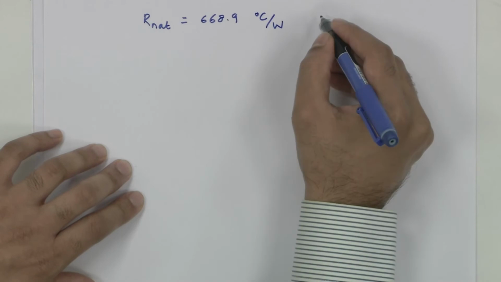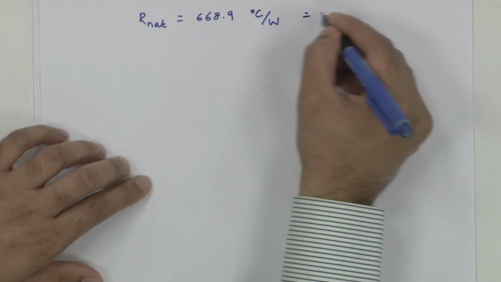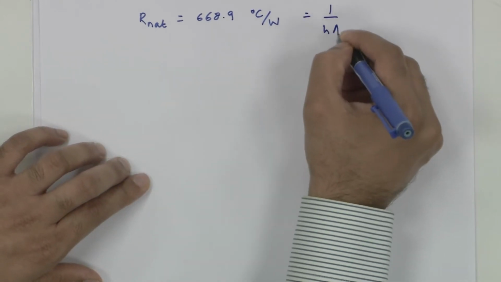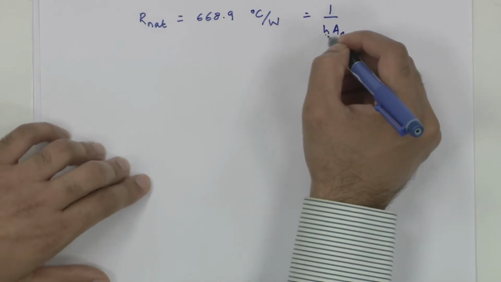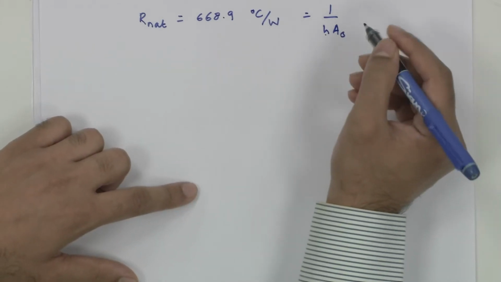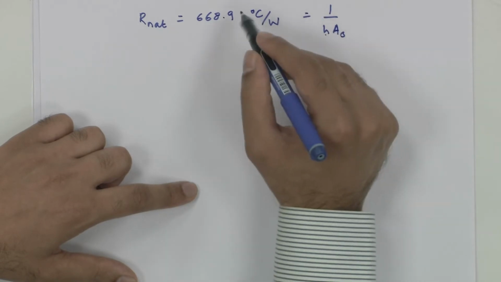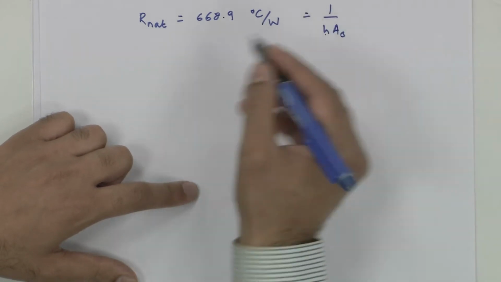The way we calculate resistance is 1 over h times surface area. h is something we just estimated, and we know the surface area. From these two, we can calculate the natural convection resistance.